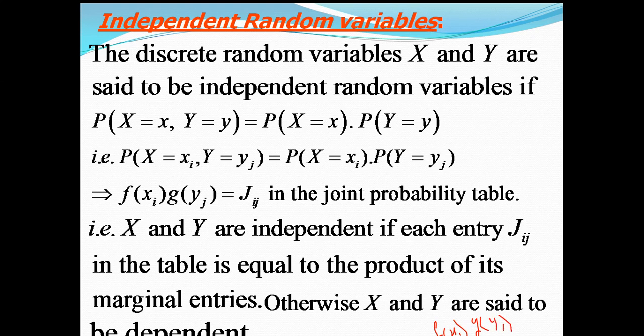When I multiply f(x1) into g(y1), you have to get f11, that is the first entry in the joint probability table. Is that clear?